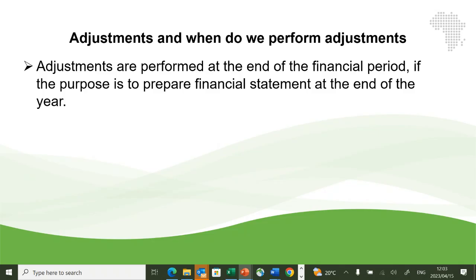What is an adjustment and when do we perform adjustments? As you can see from the slides, adjustments are performed at the end of the financial period if the purpose is to prepare financial statements at the end of the year.